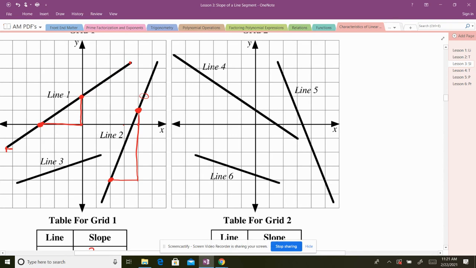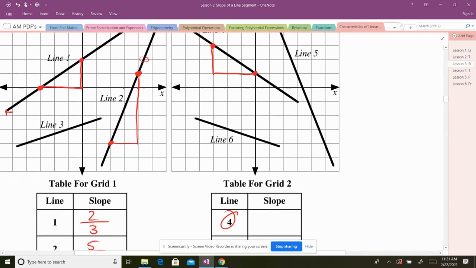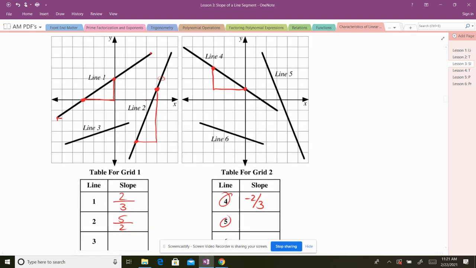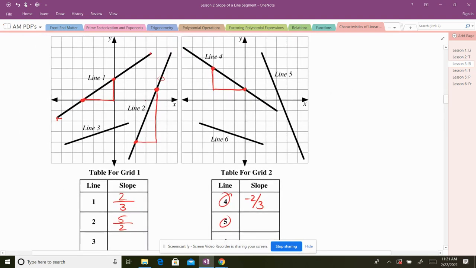You do whatever points you like better. Rise over run. Line 4 should be negative 2/3.